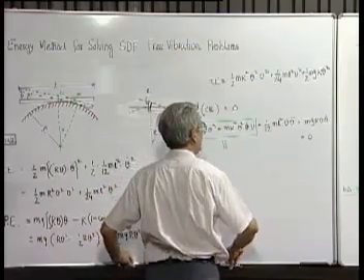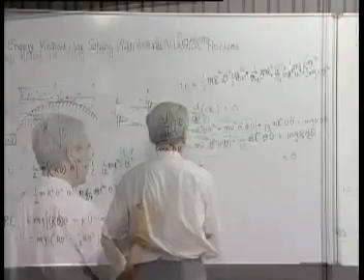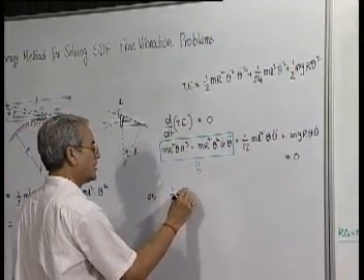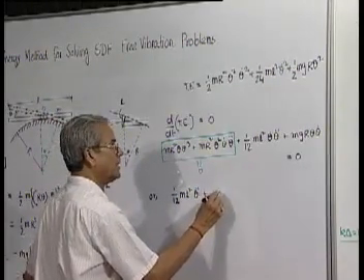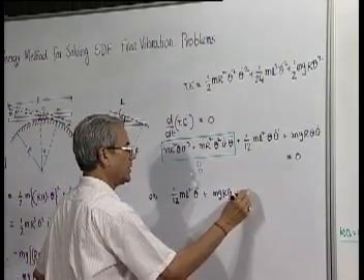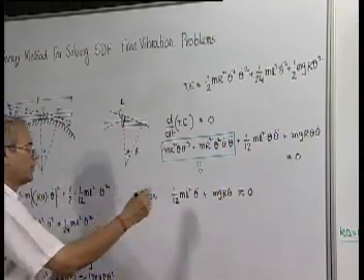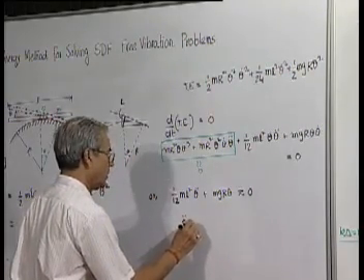So what we are left with is 1/12 m L squared theta double dot plus m g r theta, approximately. Removing this common factor, we get the final form.